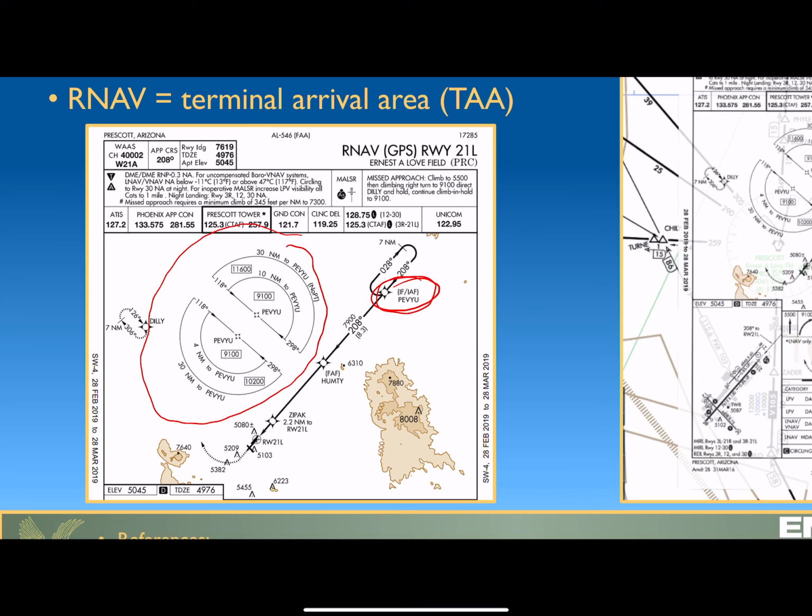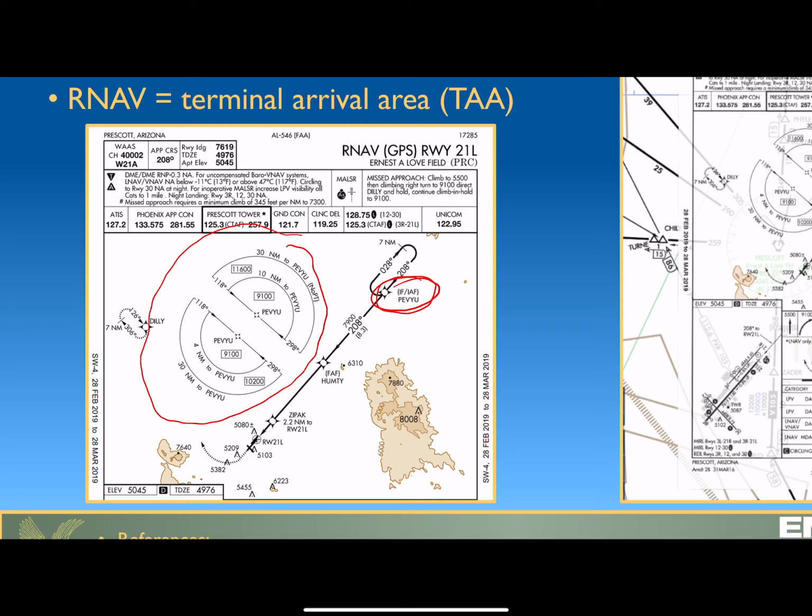Now, because it's an RNAV, a lot of times people will be flying direct. So there isn't necessarily an established feeder route. Pilots can fly direct to the initial approach fix because it is GPS or RNAV. So depending on which direction you come from determines the feeder route procedures that you will follow to get to your initial approach fix.